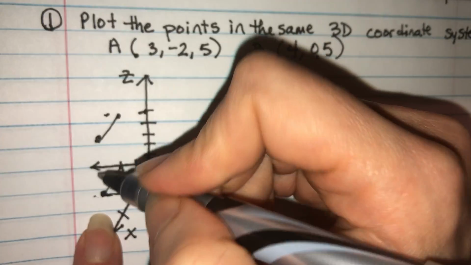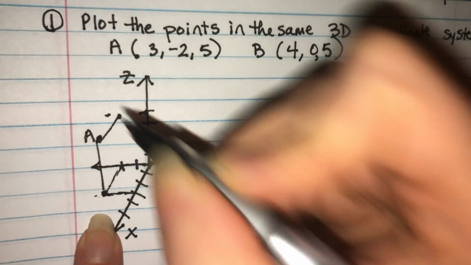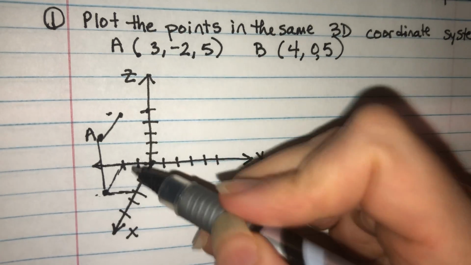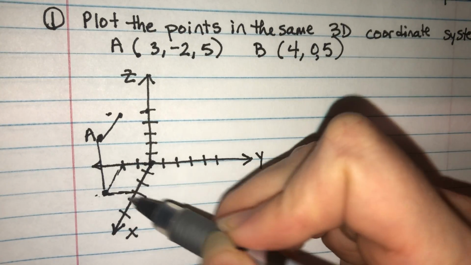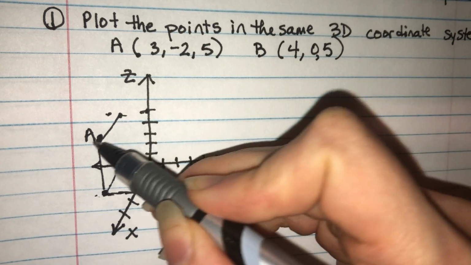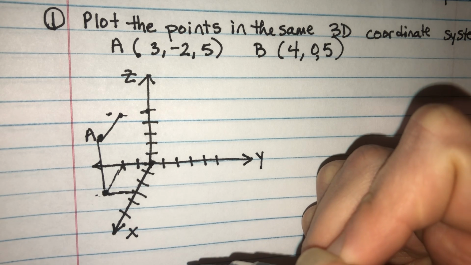So then right about here would be where my point A falls. So it's kind of like if you imagine making a rectangular prism with keeping your sides parallel. That's how you get your point plotted.